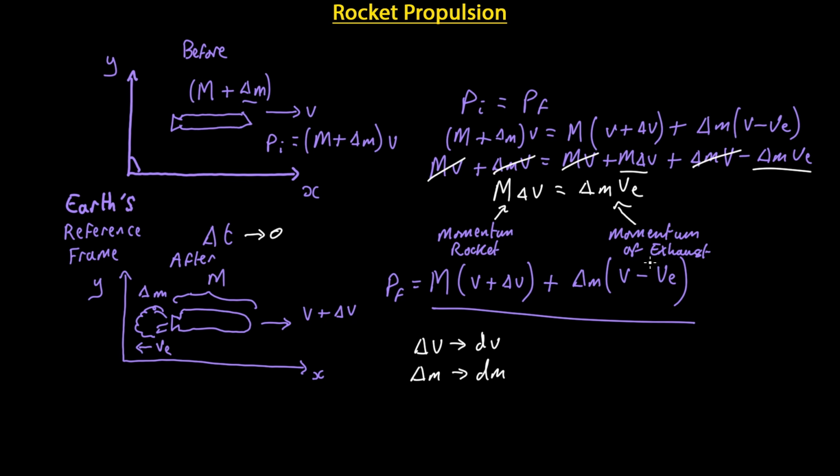In order to get the thrust of our rocket, we need to use this expression. And we got this expression because linear momentum is conserved within a closed system. So the initial momentum of our rocket is equal to the final momentum, and we've just simplified this expression.